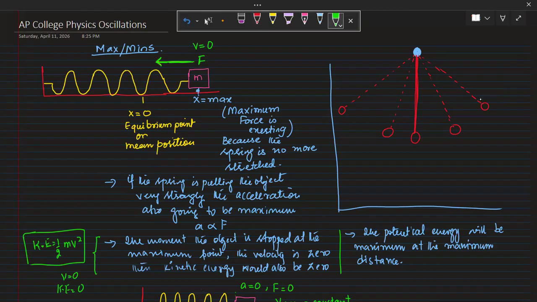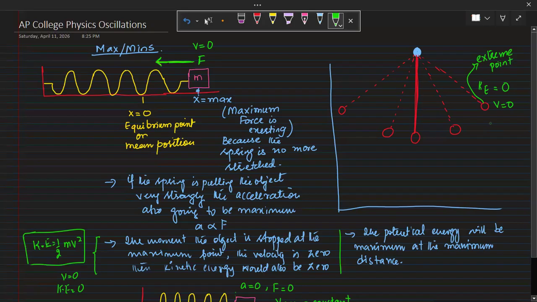Sure, why not? So the kinetic energy at this point will be 0 because the speed is 0. So at the extreme point, the speed becomes 0, so the kinetic energy would also be 0.